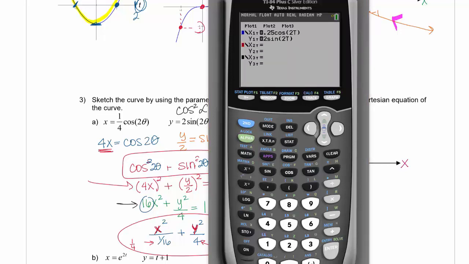So if that's of interest to you, if you want to see it trace, which we don't necessarily need for right now, but we eventually will, you can arrow in your y equals screen over to the type of line, and you could hit enter on your type of line, and you can keep hitting enter on the old software, or if you're on the color one, you can go into where it has what looks like, I call it a magnifying glass.